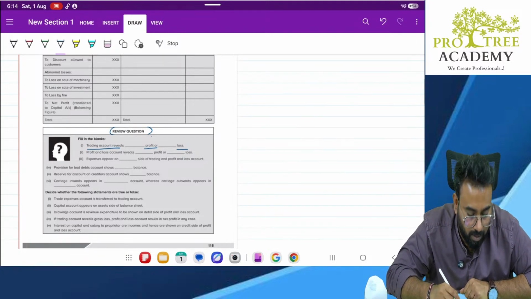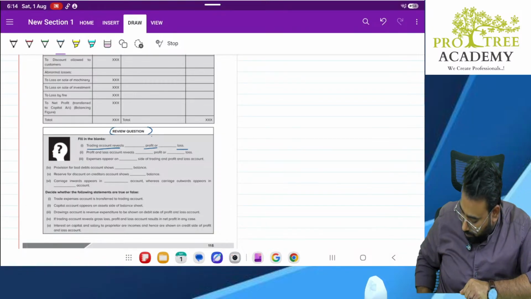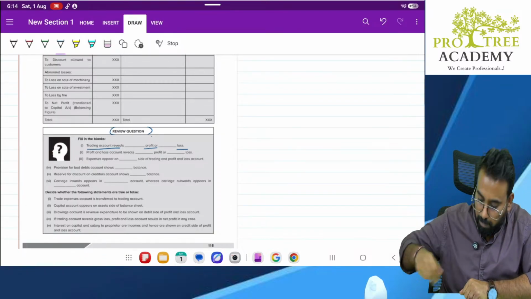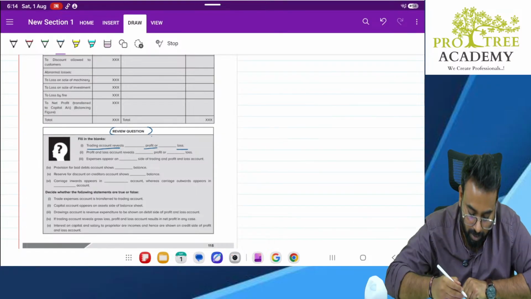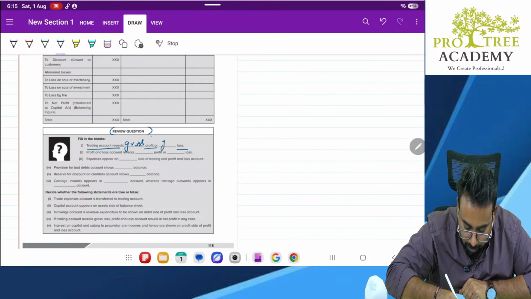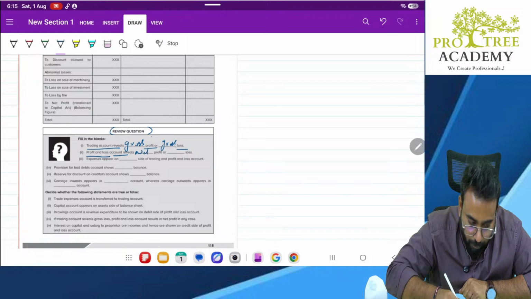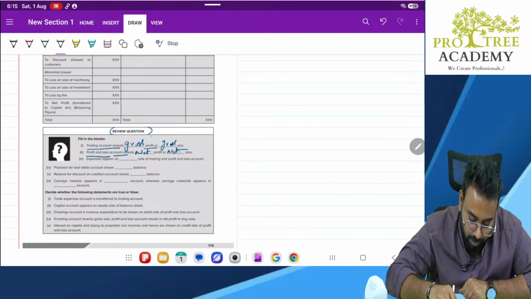Trading account reveals what? Blank profit, blank loss. Here it is gross profit, gross loss. Profit and loss account reveals net profit or net loss. Yes, good.